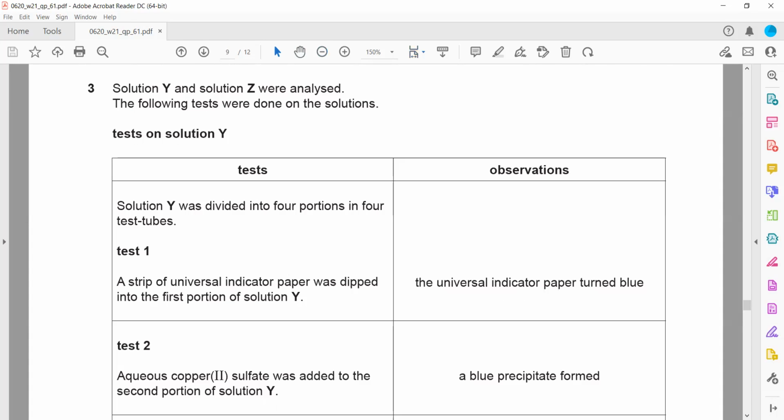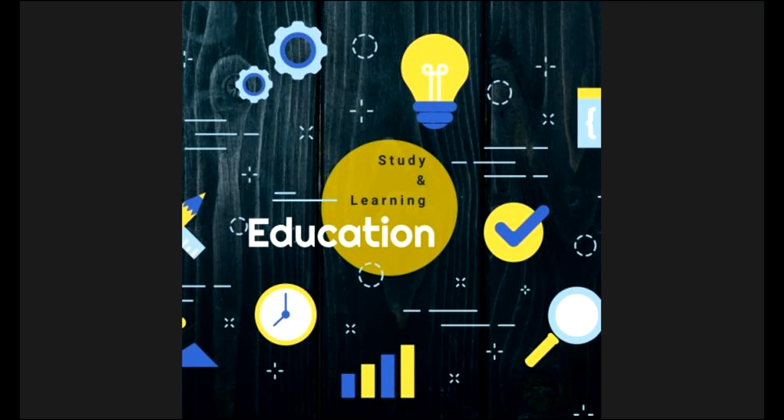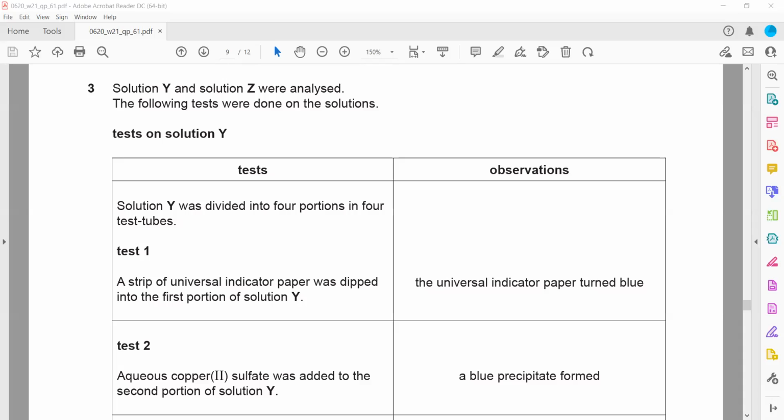We analyze two solutions: one is solution Y, another one is solution Z. First, solution Y was divided into 4 portions, so we divide the solution into 4 different test tubes.